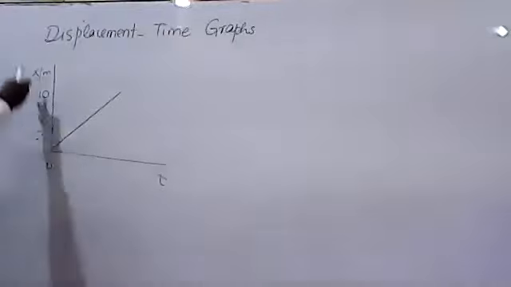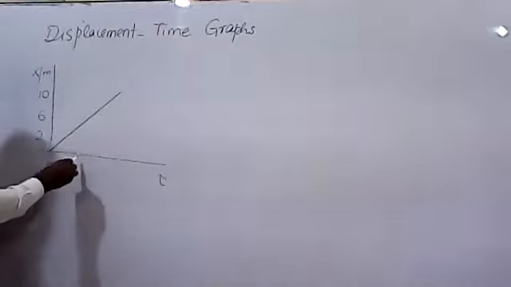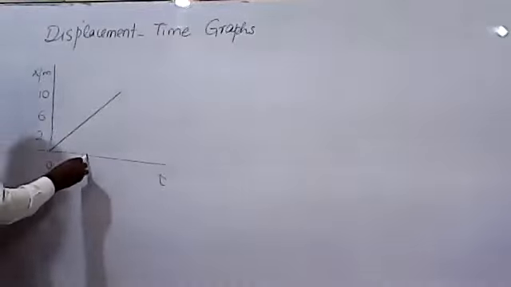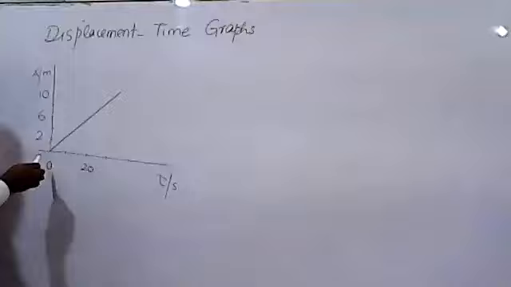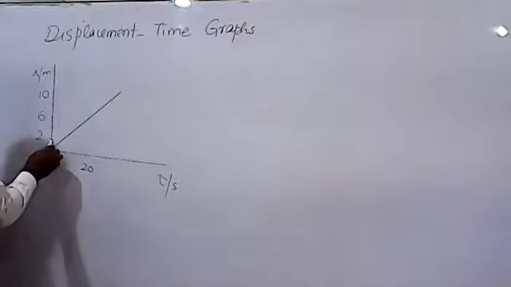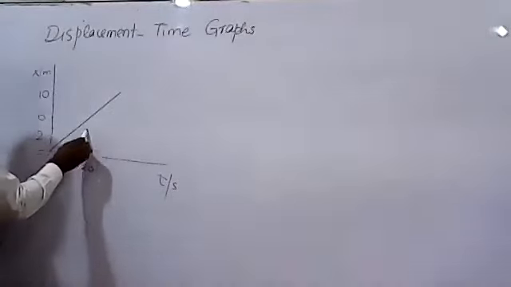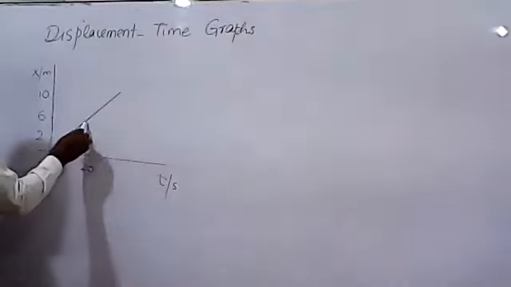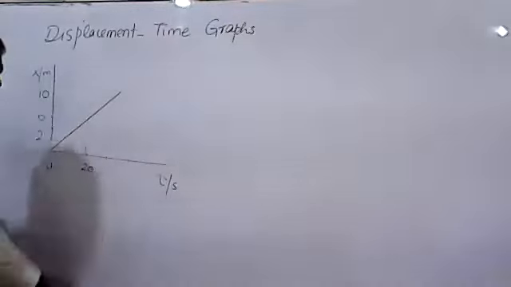So you have a scale on this side and you have a scale on this side. Let's say this is in seconds, and after 20 seconds an object has covered approximately 6 meters.